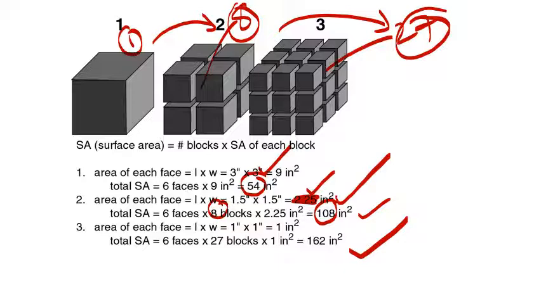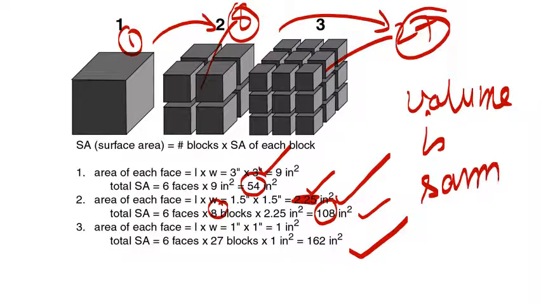So we can conclude this here. The surface area is continuously increasing, but the important thing is the volume is the same. Volume is not increasing anywhere.